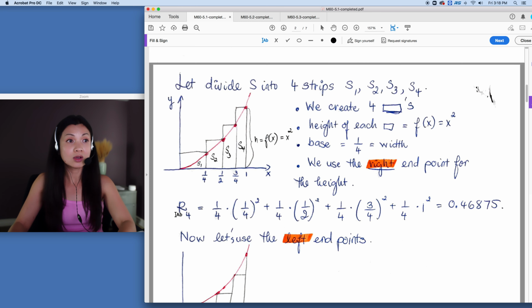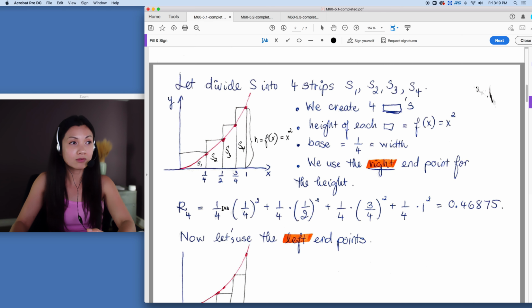So what is the area of a rectangle? We have width times height. For S1, the base is 1/4, which is the width, and then the height is 1/4 squared, x squared, and so on.